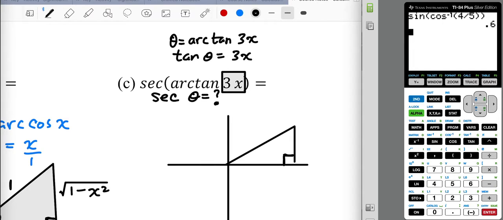Tangent is opposite over adjacent. Opposite side 3x, adjacent side 1. Using the Pythagorean theorem, square each leg, slap a radical over the whole thing, and you have your hypotenuse.